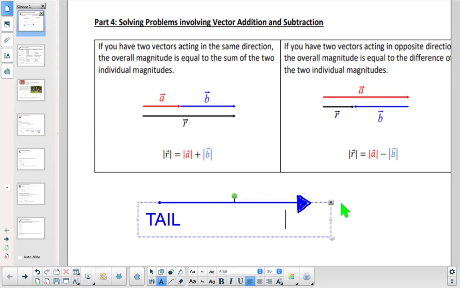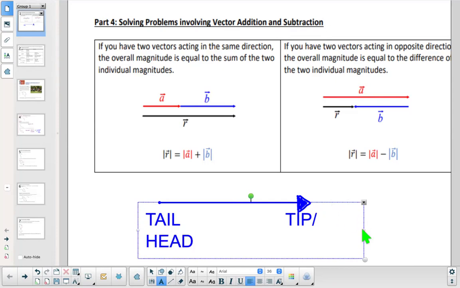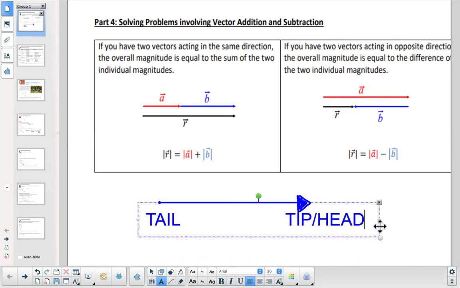And where you see the arrowhead, the ending point of the vector, is referred to as the tip, or I think in your textbook, it is referred to as the head of the vector. So we have the tail and the tip, or the head of the vector. So please refer to those terms when we are talking about addition and subtraction.